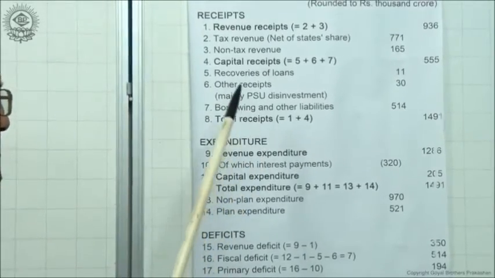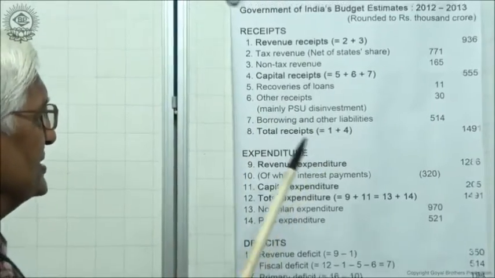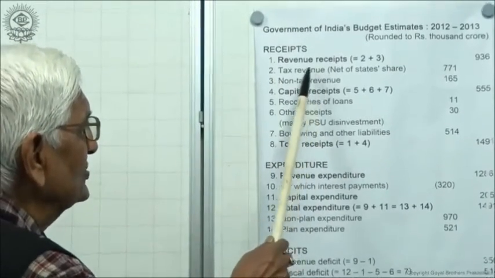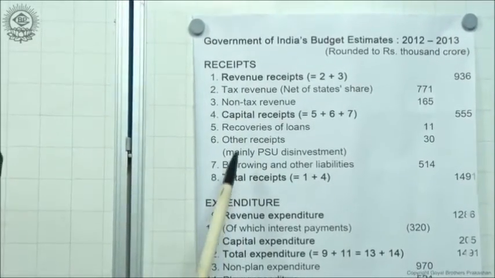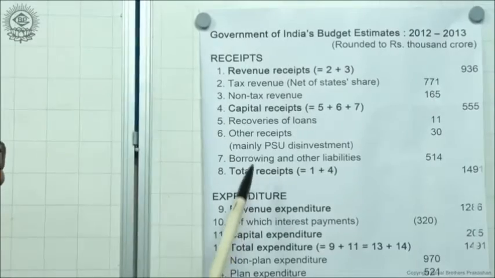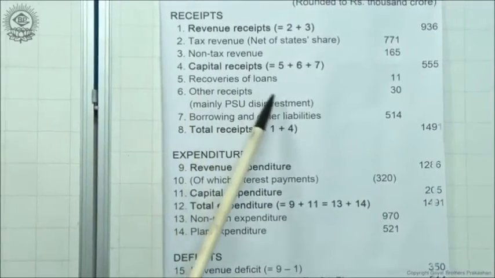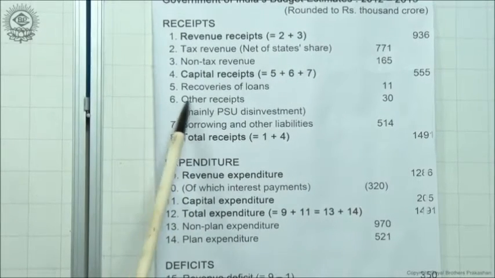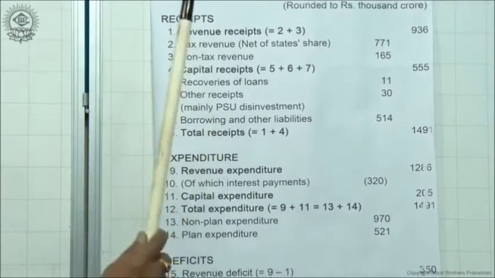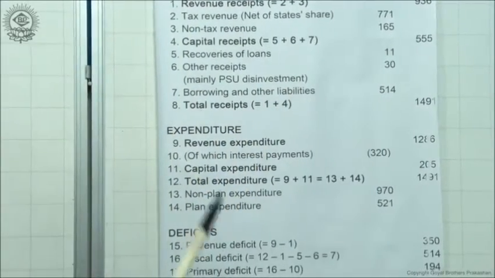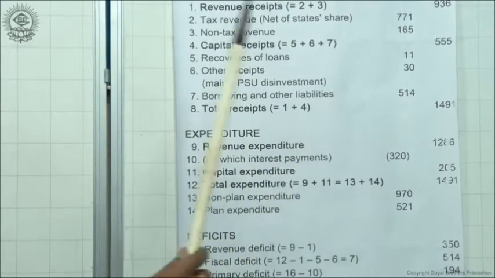The main components of revenue receipts. What are the revenue receipts? We will see just now: tax revenue, receipts from tax and non-tax. In capital receipts, we have loans recovered. Remember, not loans given, but loans recovered. Other receipts, mainly PSU, public sector undertaking disinvestment, and borrowings and other liabilities.